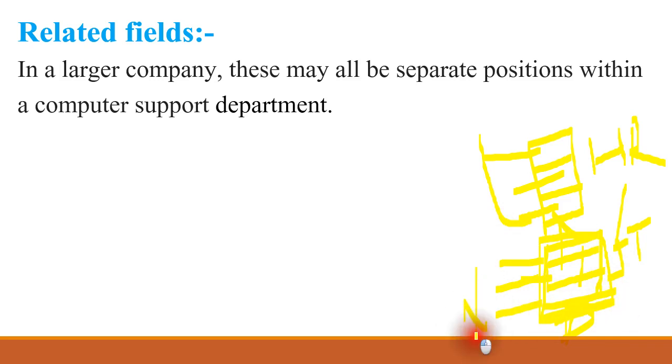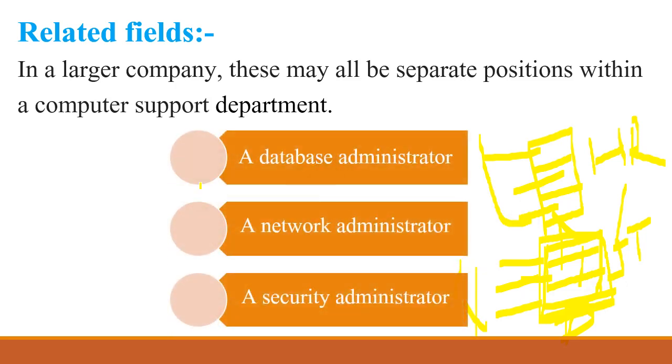But in a smaller company, or a smaller group, this is what I was talking about. You have the complete IT department, with one database administrator, one network, and one security administrator in a larger company. Now what will happen in a smaller company?